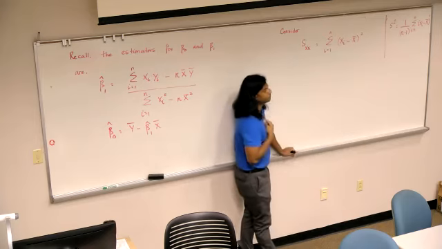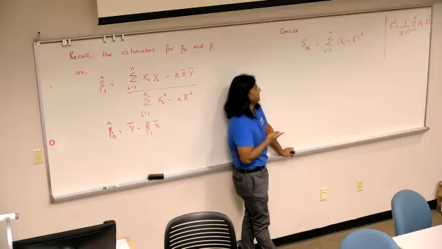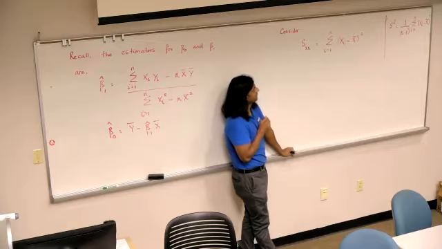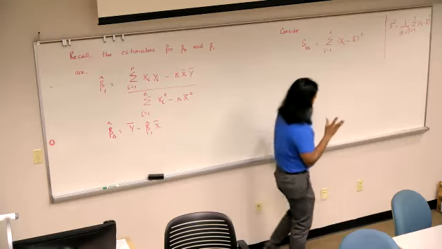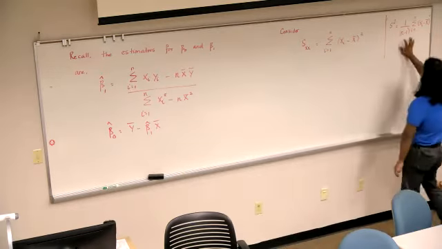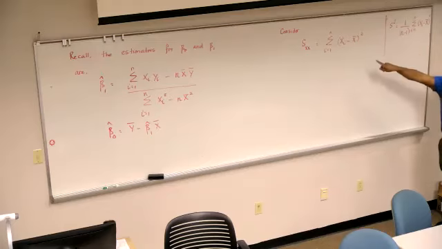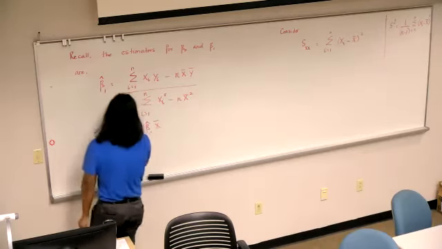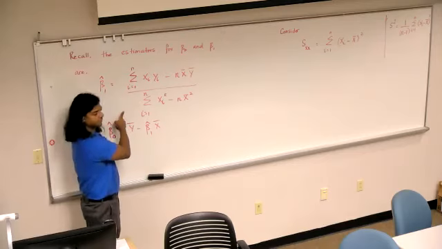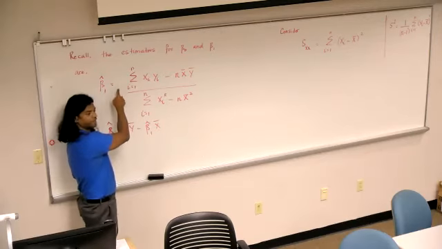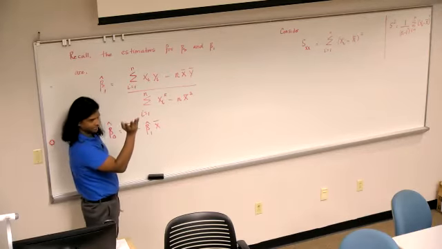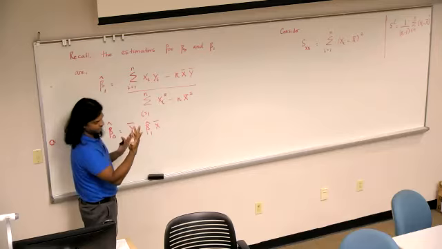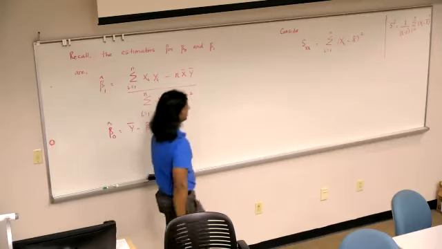But do keep in mind, even though I call it SXX, it is variance of some sort. That's 1 over n minus 1. I'm ignoring it because when I get back here, it has to be 1 over n minus 1 in the denominator, 1 over n minus 1 in the numerator. They will get cancelled. So I'm just ignoring that 1 over n minus 1.